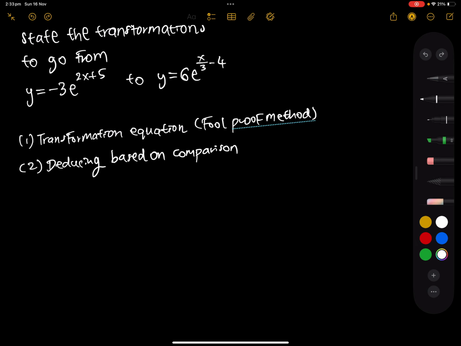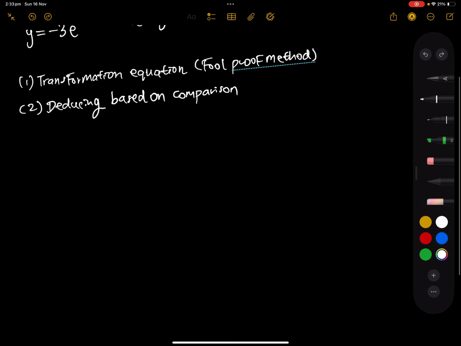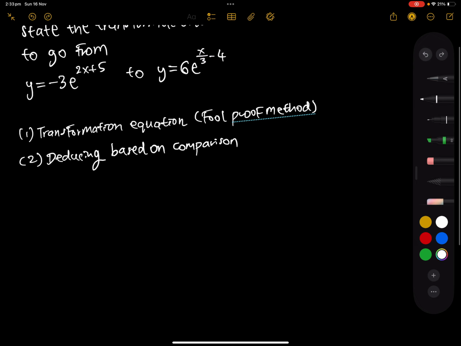So the first thing I want you to do with this method is, for both the original function and the image function, isolate y and x. So let us start. For the original function, let us isolate y and x. So we divide both sides by -3.